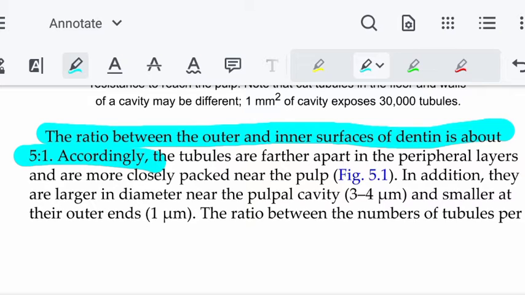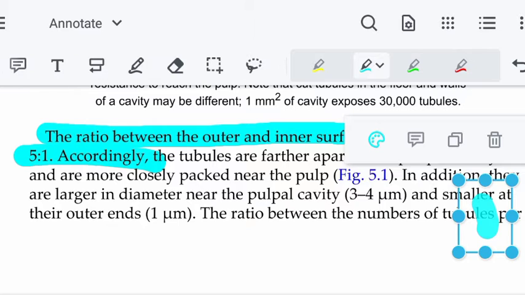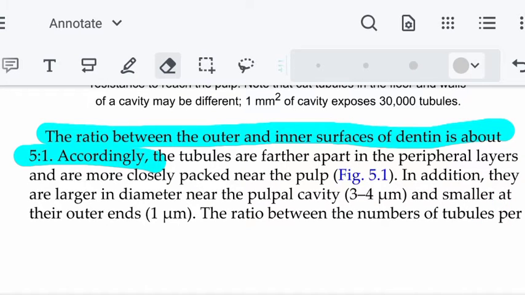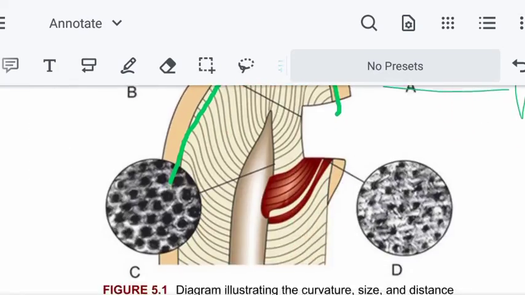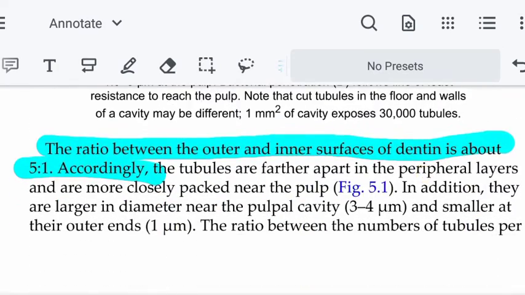In this book it is 5:1. Accordingly, the tubules are farther apart in peripheral layers and more closely packed near the pulp.